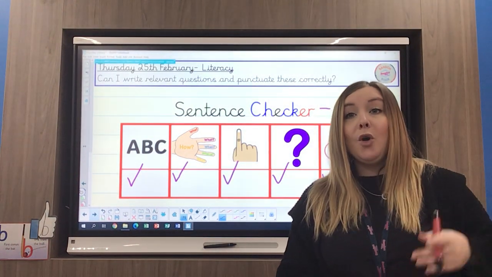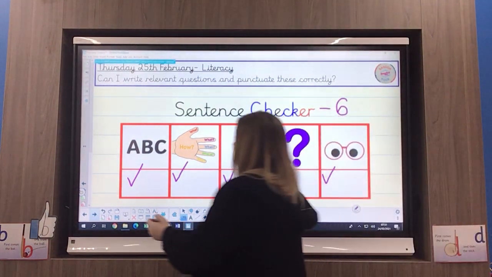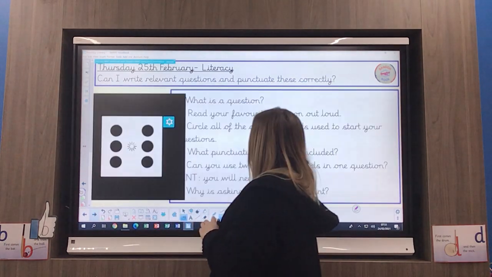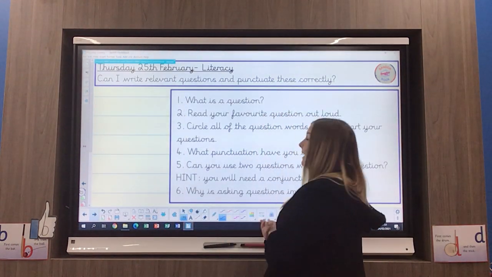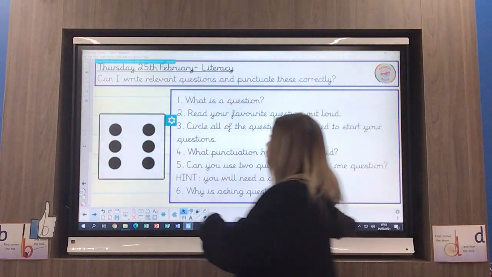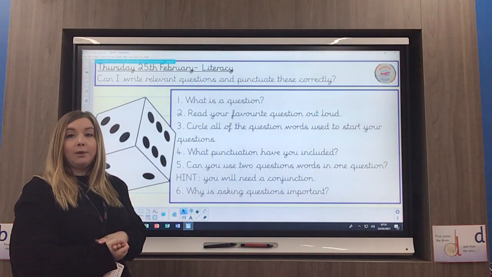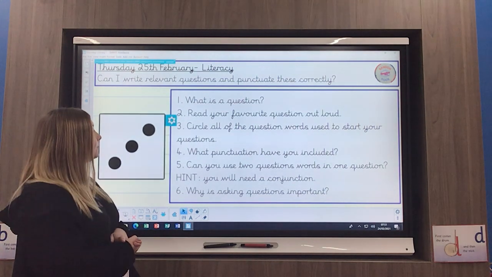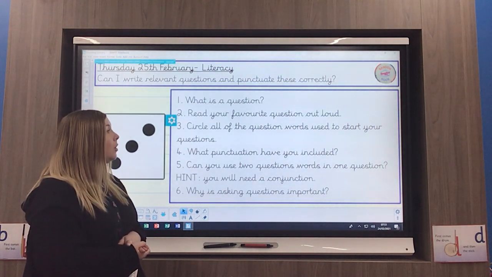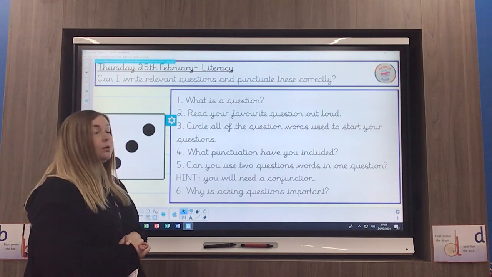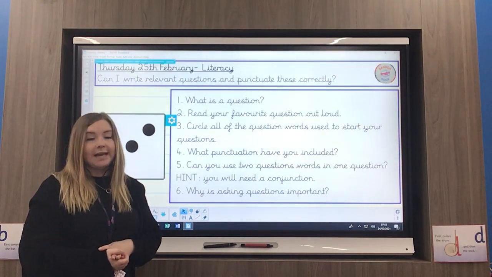Okay. Once you've done all of that then, Year 4, let's roll our dice to see what question we're going to answer. Okay, we've landed on a number 3. Circle all of the question words used at the start of your sentence.